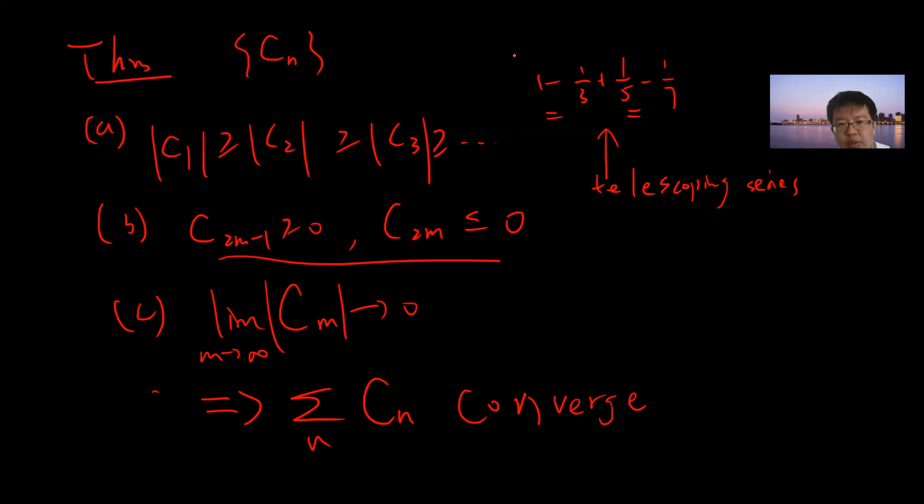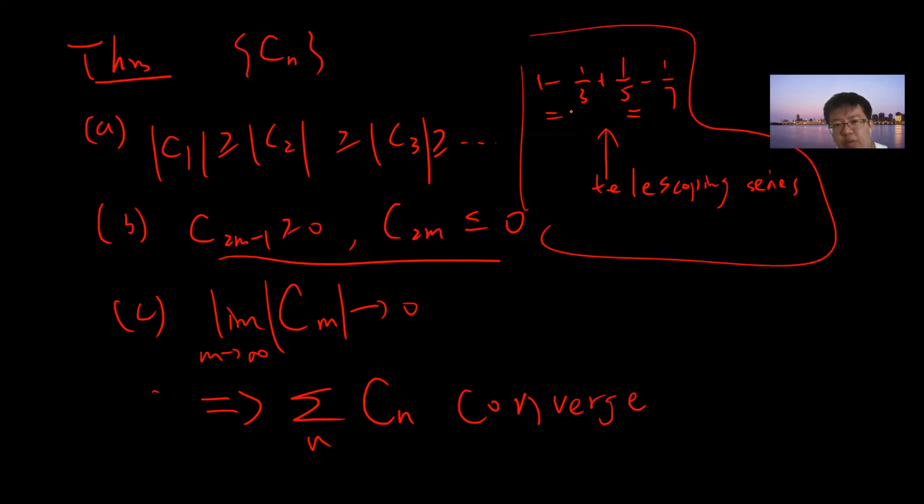So an example is this, a typical example. It satisfies that the absolute value is decreasing, the odd term is positive, the even term is negative, and it approaches 0. This is the famous Leibniz series, so you know that it converges.